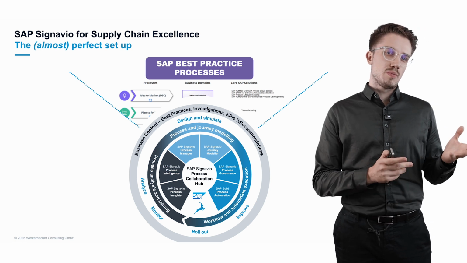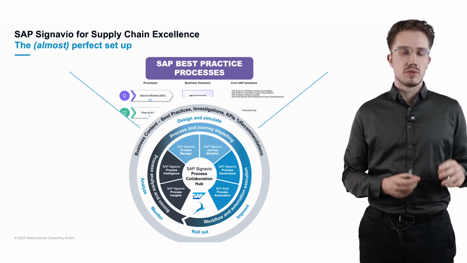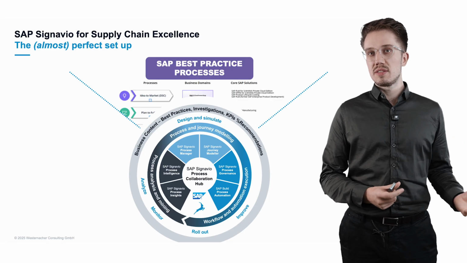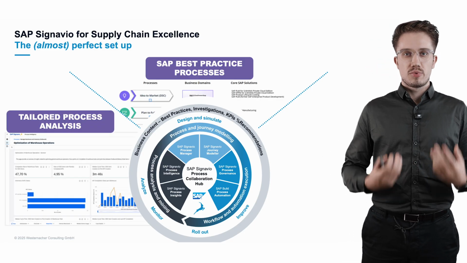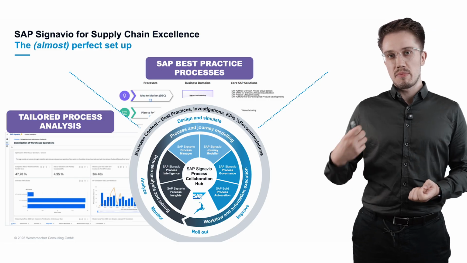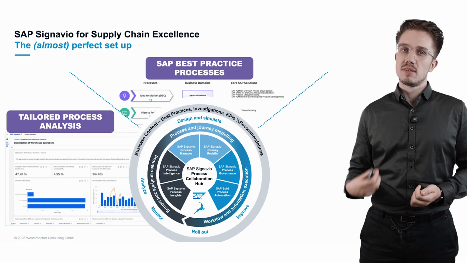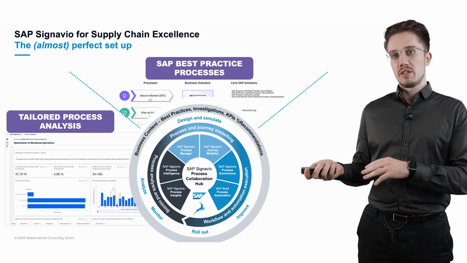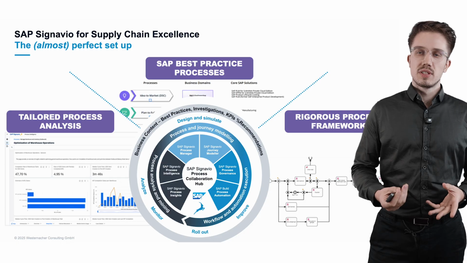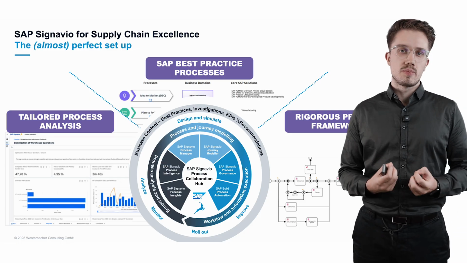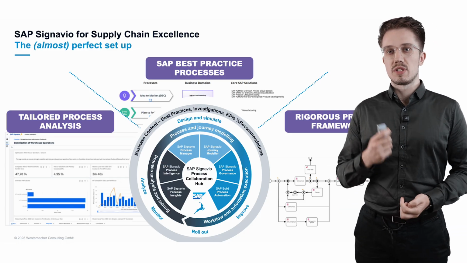On the left, we have our process analysis modules, SAP Signavio Process Insights and Process Intelligence, which offer the tailored process analysis dashboards for your metrics, for your KPIs, and for your graphs. And on the right, we're looking at SAP Signavio Process Governance with its rigorous process frameworks and automations.